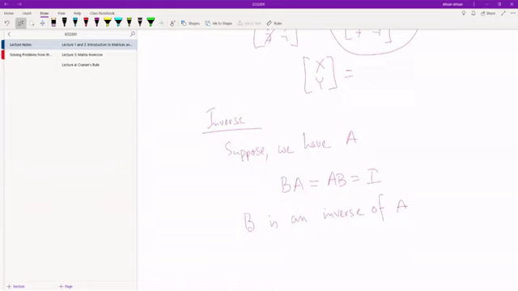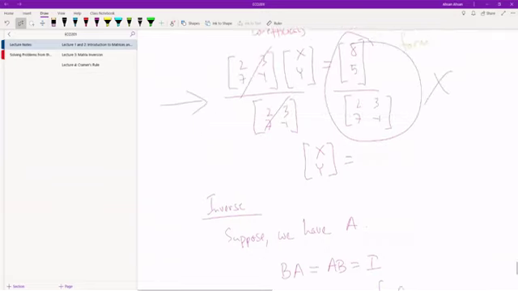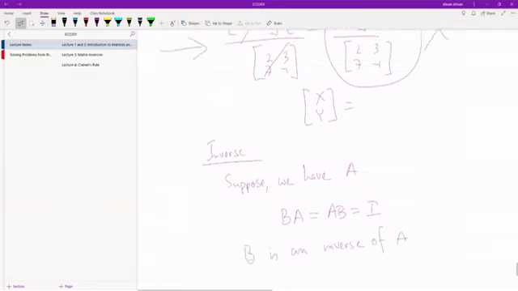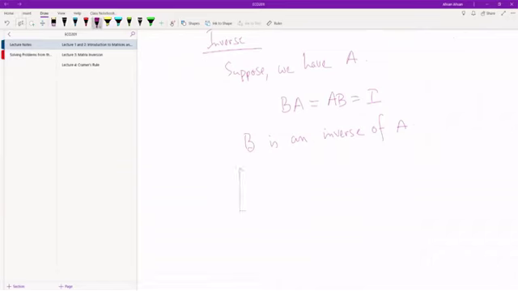Okay. So why is this important? Let's go back to this. 2, 3, 7, -1, x, y equals 8 and 5. Let me simplify this.